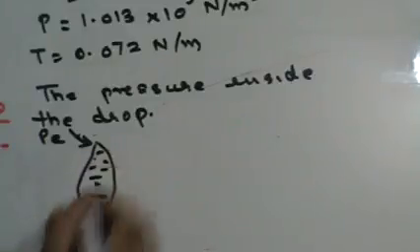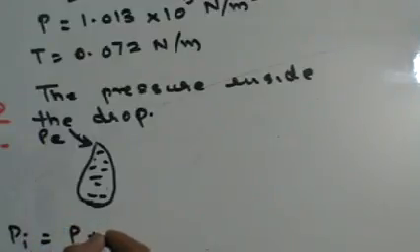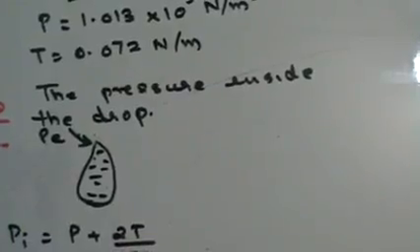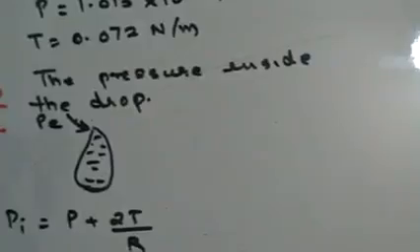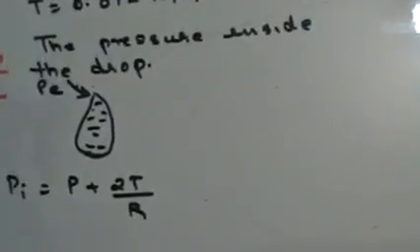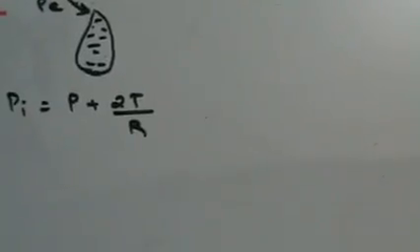So the total pressure exerted, the pressure inside the drop Pi, is going to be the external pressure plus 2T by R. Substitute the values, and you should get the answer.